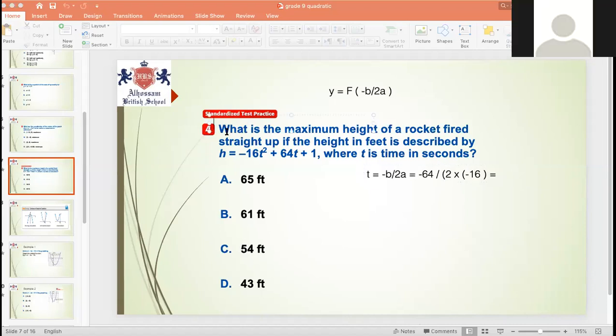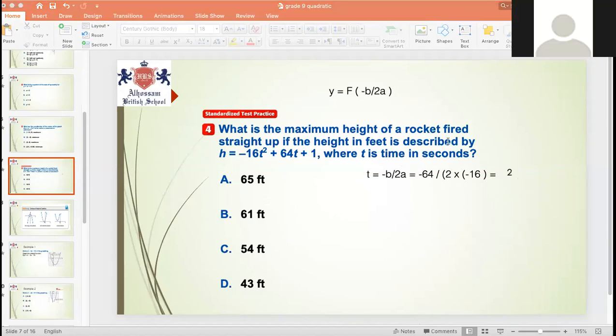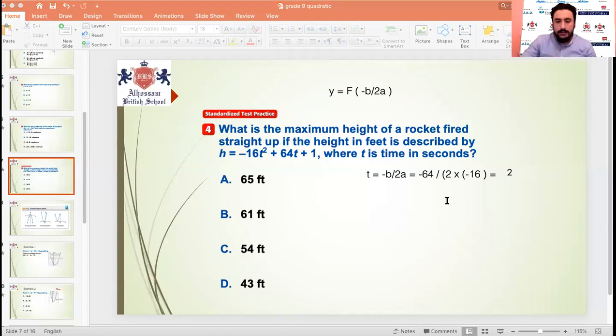So the answer here is going to be 2, because negative with negative is positive, 2 times 16 is 32, and 64 divided by 32 equals 2.